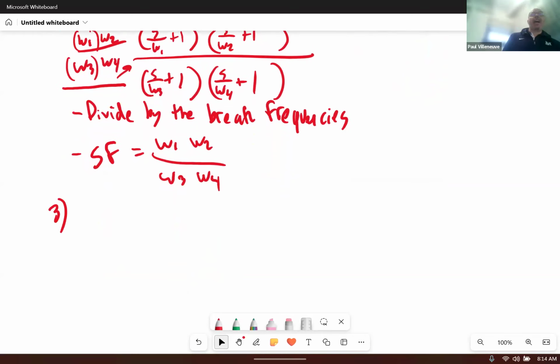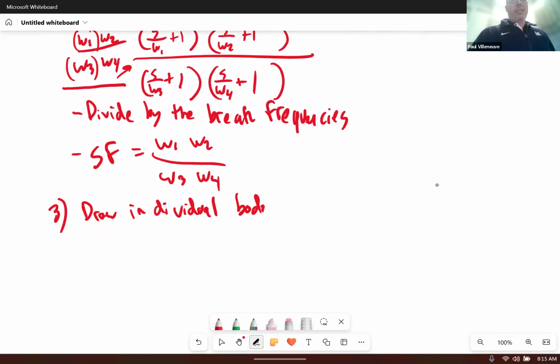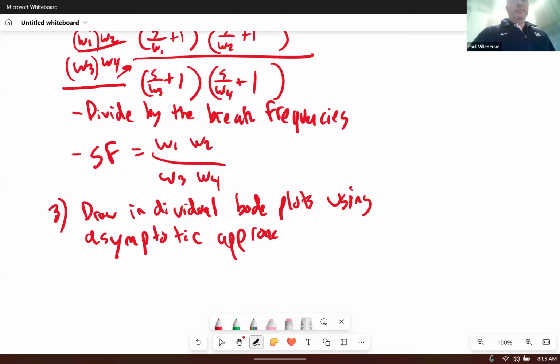Now you're ready to start doing asymptotic Bode plots for each individual pole, zero, or scale factor. So step 3: draw individual magnitude Bode plots using what they call asymptotic approximations.